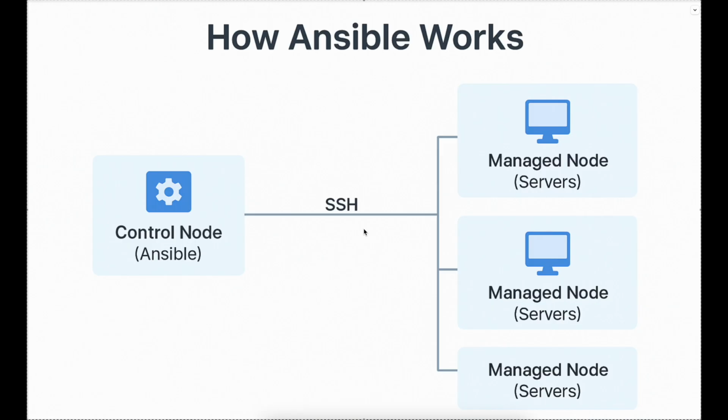Your control node is the command center, and your managed nodes are the workers. You send one set of instructions and they all do the same job in perfect sync. To make that happen, Ansible uses a few key components.